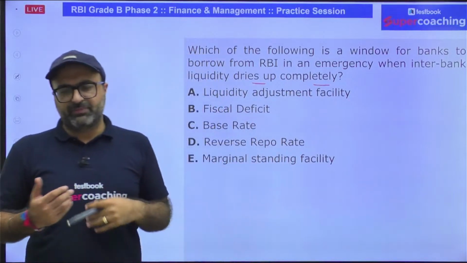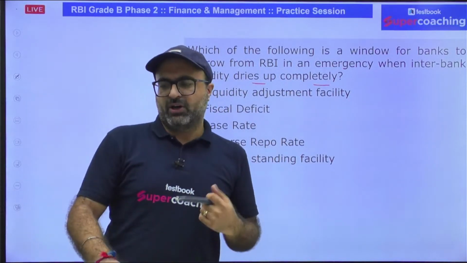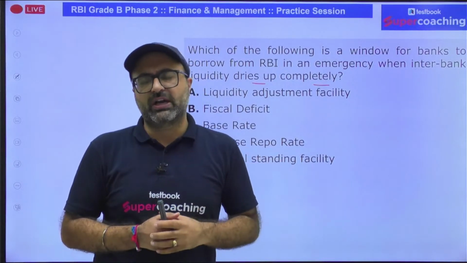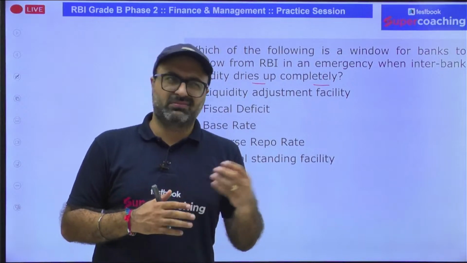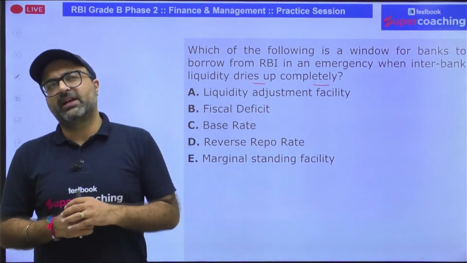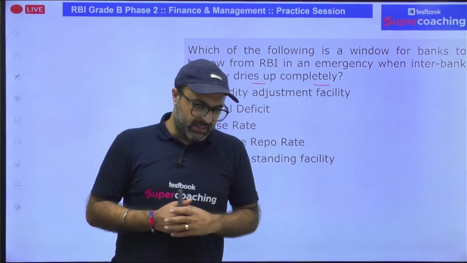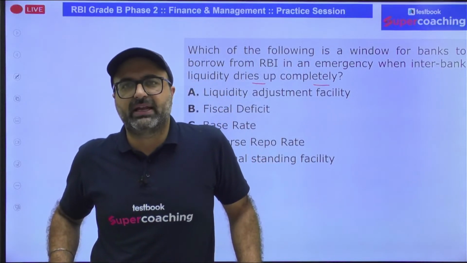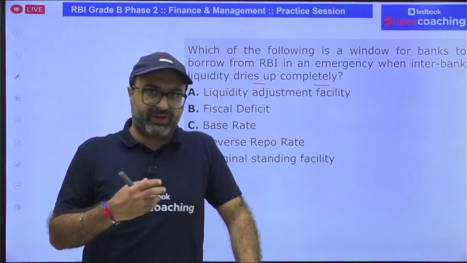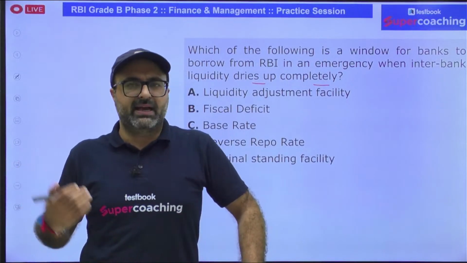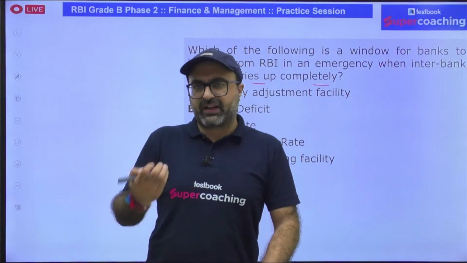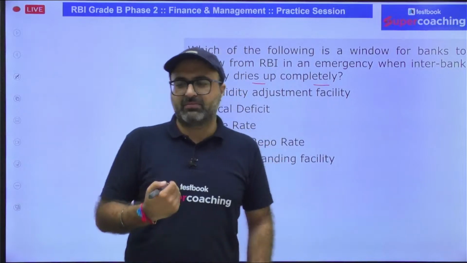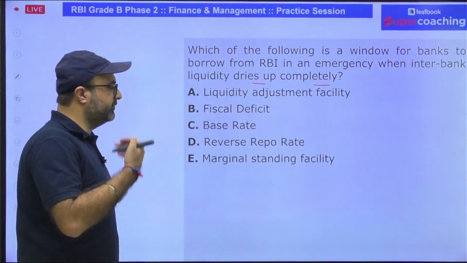We know that if a bank is in need of funds, obviously the bank can borrow from other banks, which we call interbank borrowing in the call money market, with the help of call money, notice money. Now the question is, if the interbank credits or funds are not available in the market, and in that situation a bank is in need of funds, the bank can borrow the funds from RBI with the help of what?